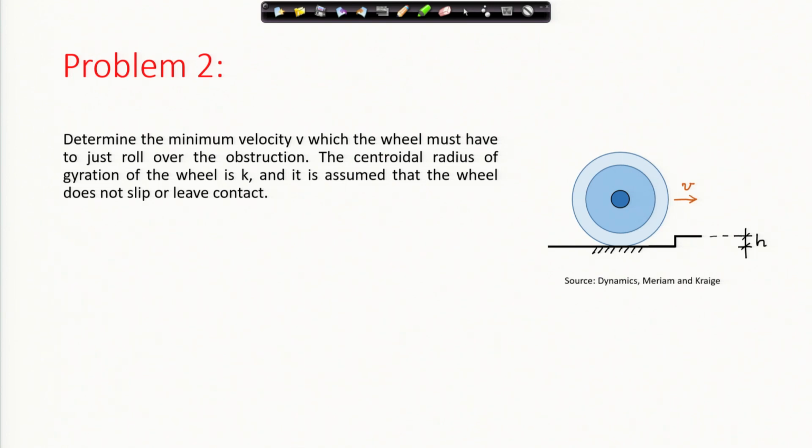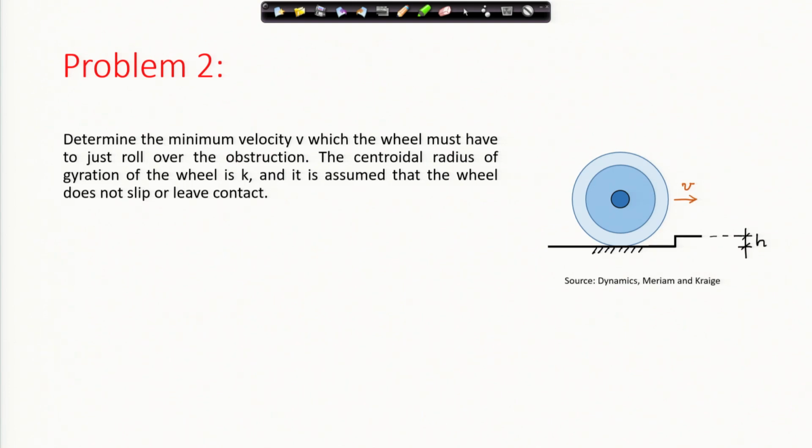This is a common problem we encounter, that a wheel while rolling hits a curb, and this is the curb height h. Here there is this assumption: if the curb height is not too large and the mass of the wheel is quite high, or the velocities are low, this wheel is not going to slip or jump.